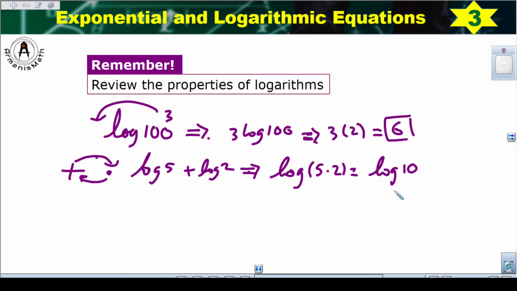So the question is, 10 raised to what power gives you 10? 1. And 1 is the answer. Okay? What was the other one, by the way? Does anybody recall? I went from addition to multiplication. What's the other one?